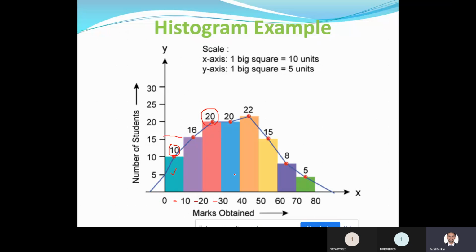So suppose you have drawn this histogram. From this histogram, first of all, you can get the information that the 40 to 50 range has the most frequent marks, meaning 22 students got marks between 40 and 50. So this is the first piece of information.